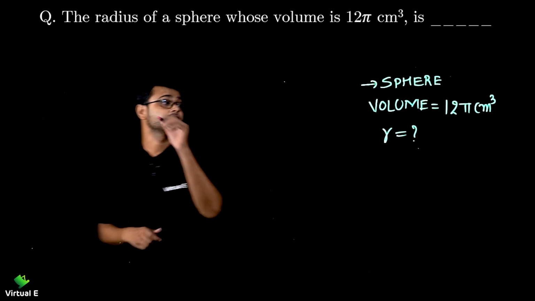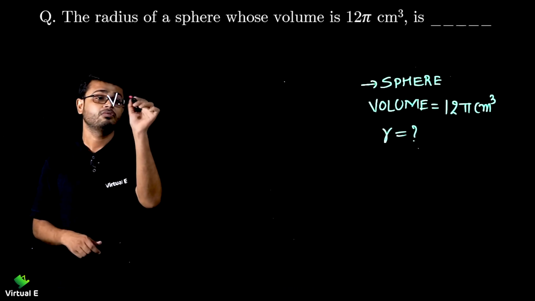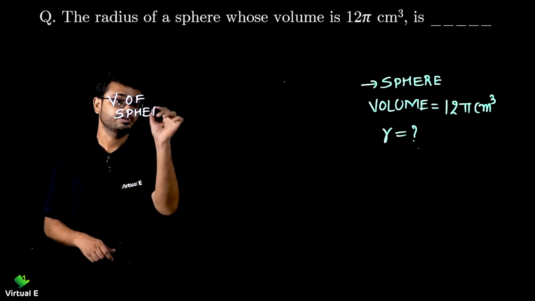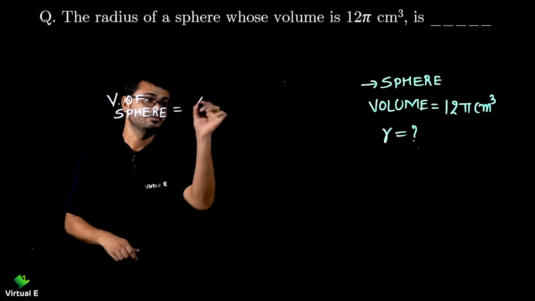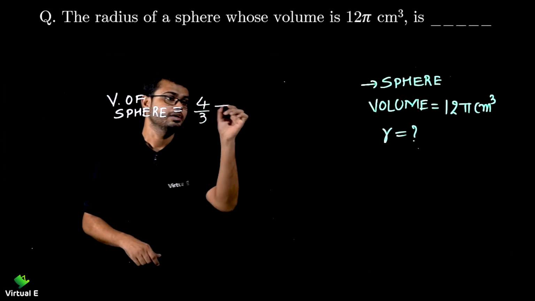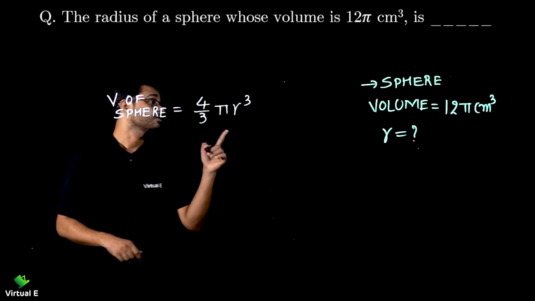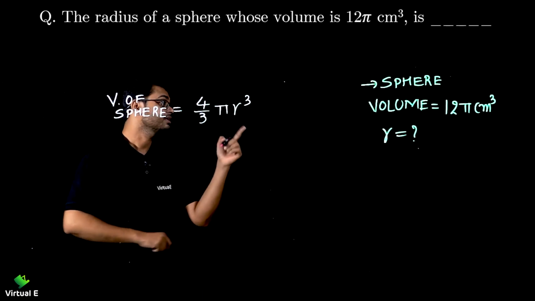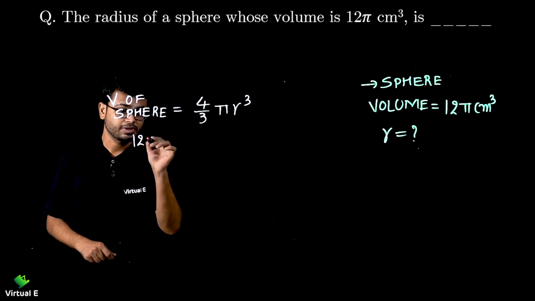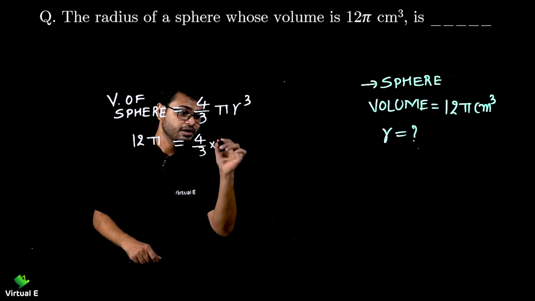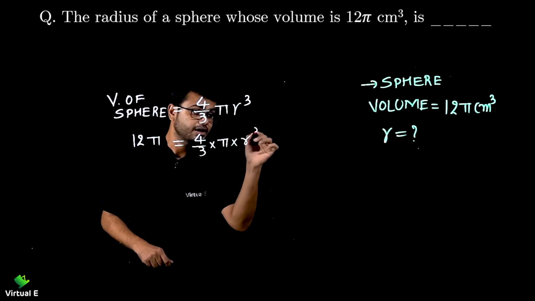Volume of sphere. So let's write with the formula. What's the formula for the volume of a sphere? That is 4/3 pi r cube. So the volume of the sphere is 12 pi. So 12 pi is equal to 4/3 pi r cube.